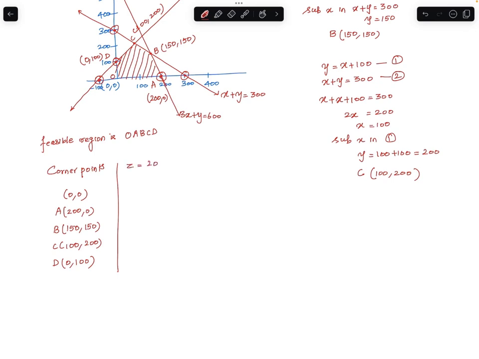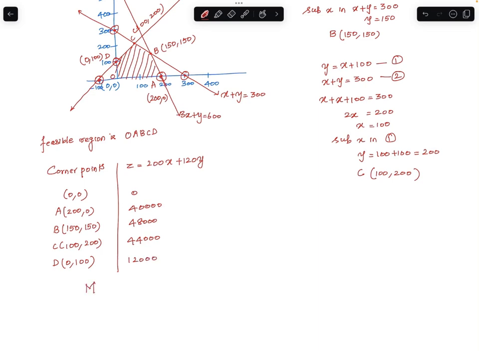Z is 200x plus 120y. For 0, 0, it is 0. For A 200, 0, we get 40,000. For B, we get 48,000. For C, we get 44,000. For D, we get 12,000.